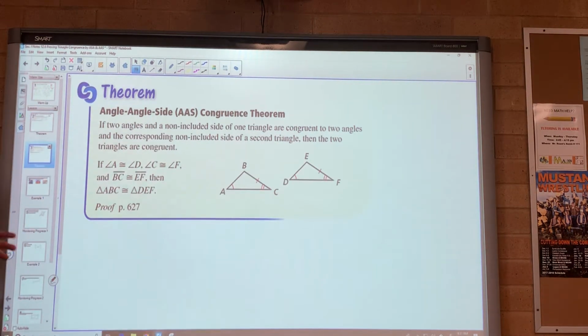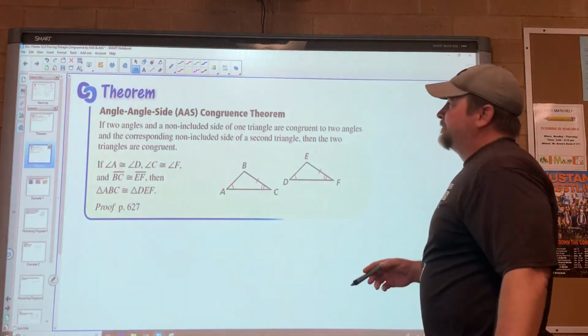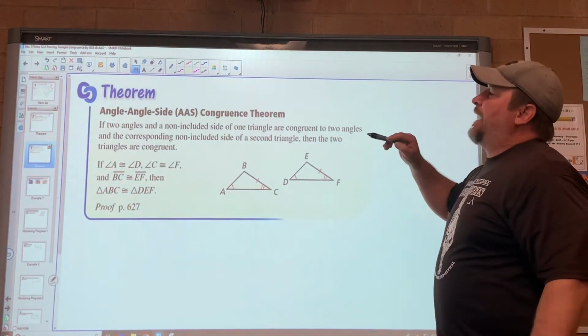I want to show you this one before we go ahead to anything else though. This one can be tricky a little bit, so you've got to make sure that you see what I'm going to do. I'm going to show you how it works, which is the way it's drawn right now, and I'm going to show you one that won't work, even though it's got good markings. Angle, angle, side.